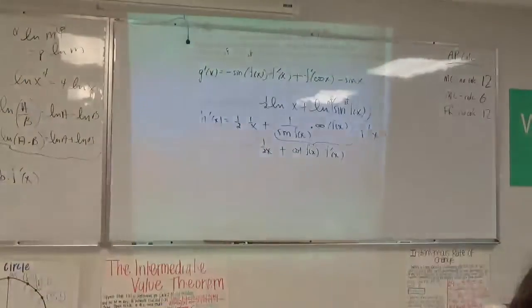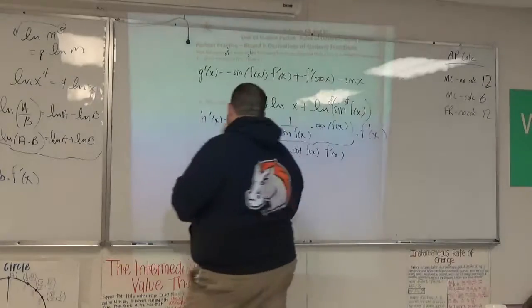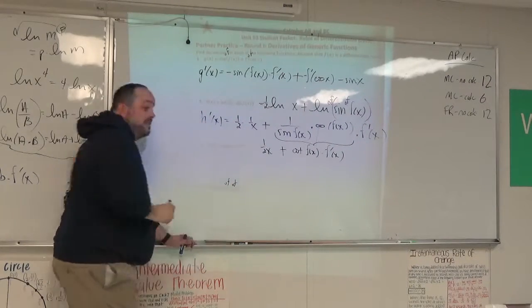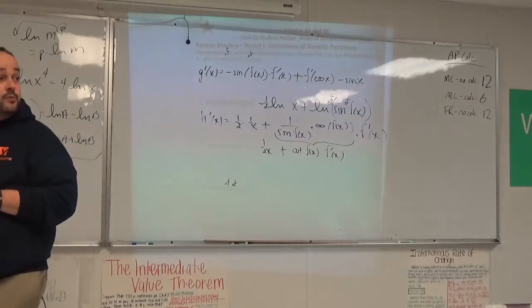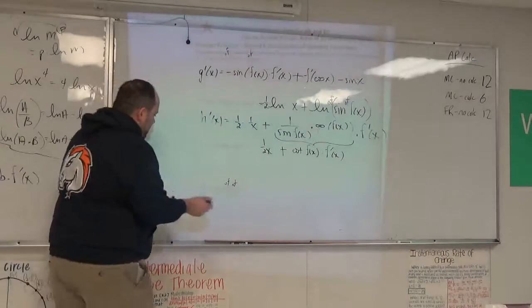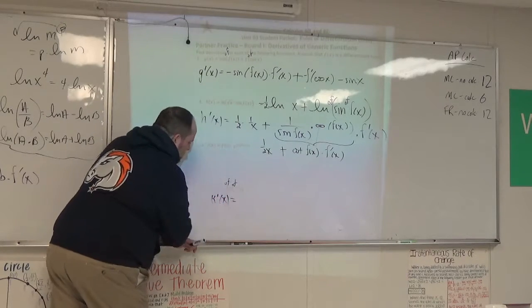Number 4. F of square root of x. I keep making a big deal about that word up, but really that's a clue. That's a really good audible clue for you. If all goes well, derivative is going to be, what do we got here?